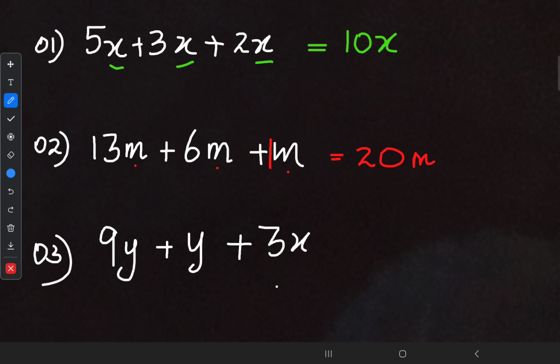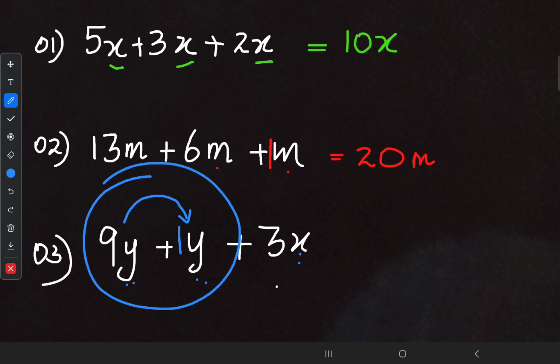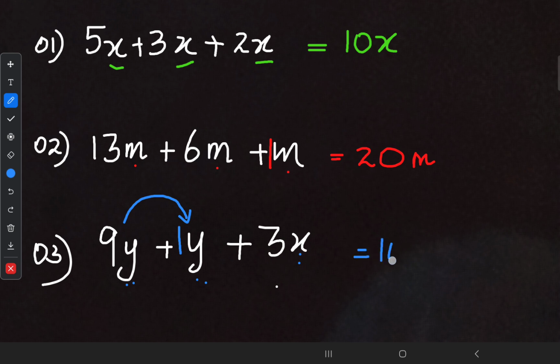Next question is different. We can indicate it as 1y. You can see these two components have a y particle, but the other one does not. So we can add these two like terms together. 1y plus 9y will give you 10y.